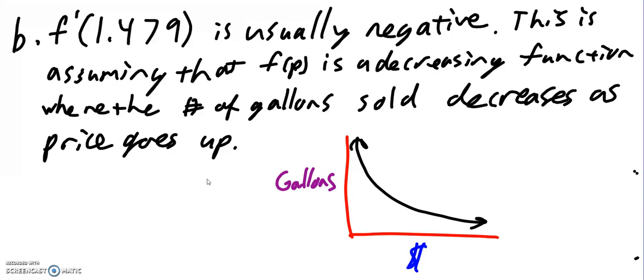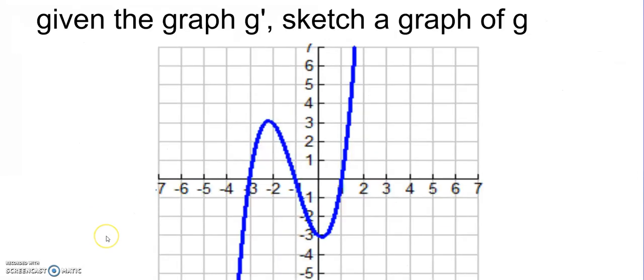But you got it. Last example: I know you love to sketch graphs of functions and derivatives and their relationship. So given the graph of g prime, which is the derivative of g, we want to sketch the graph of g. You've done this before, we've done this many times, at the very beginning of this unit.